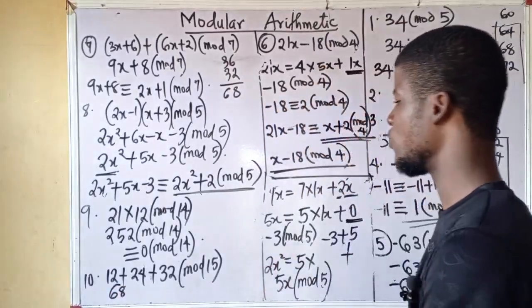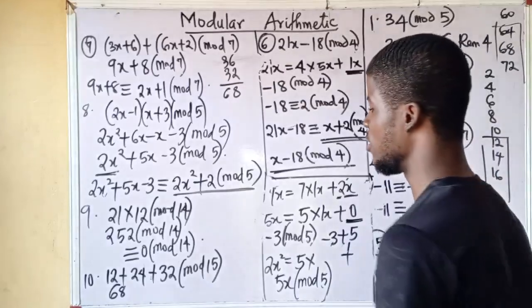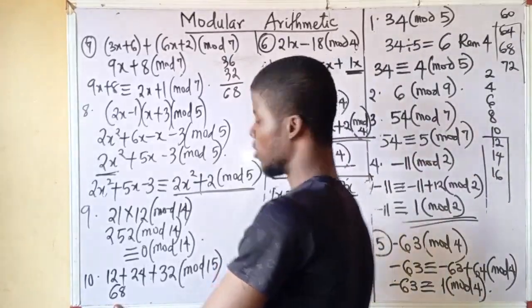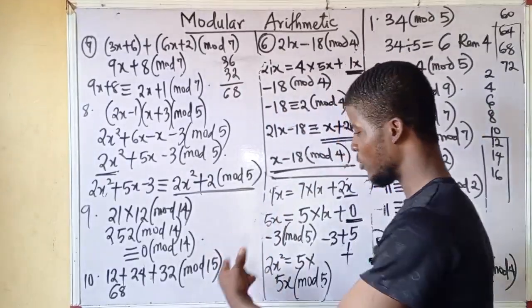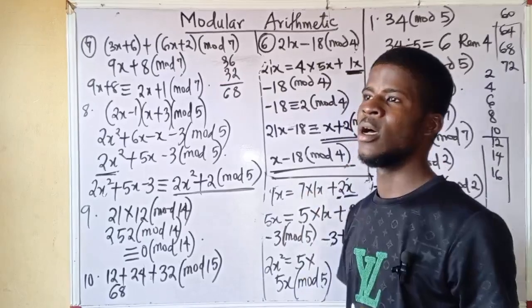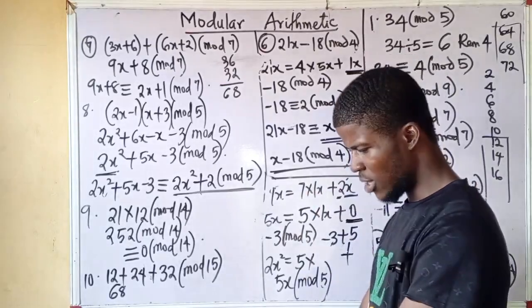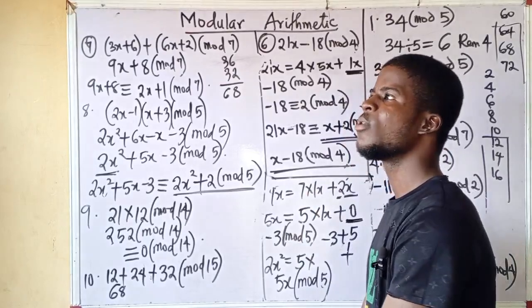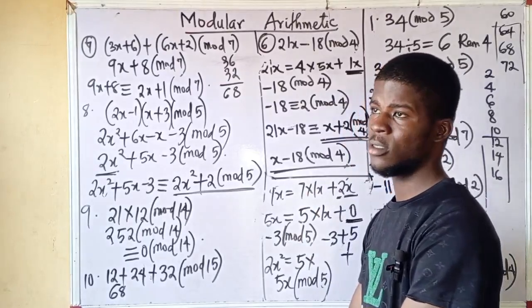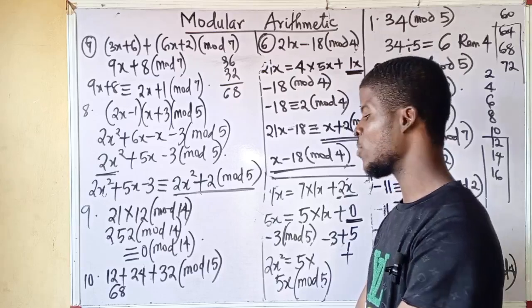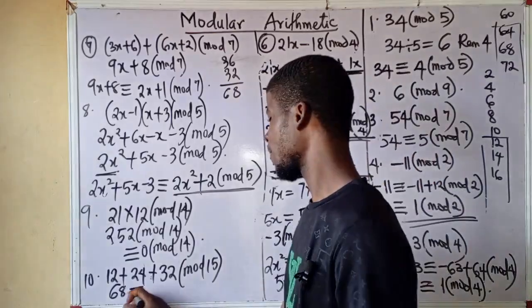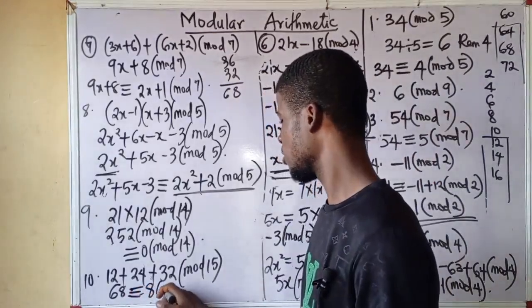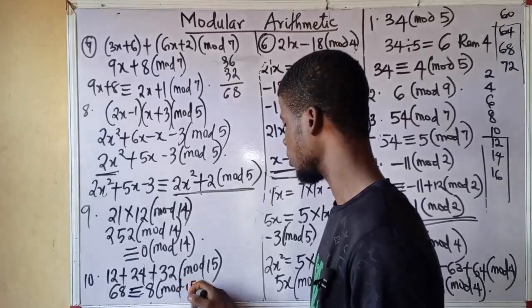Before I write the modulo 15, I've already seen that 68 is not an integer in modulo 15. So what is 68 congruent to in modulo 15? If I divide 68 by 15, that should be 4 times. 4 times 15 is 60. So if I add 8 to 60, that will be 68. So 68 is actually congruent to 8 modulo 15.